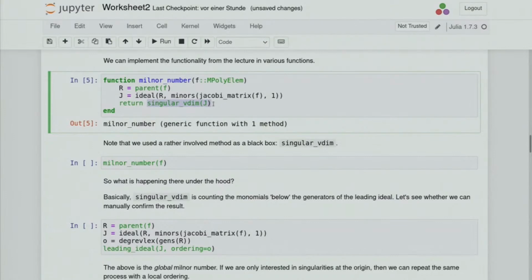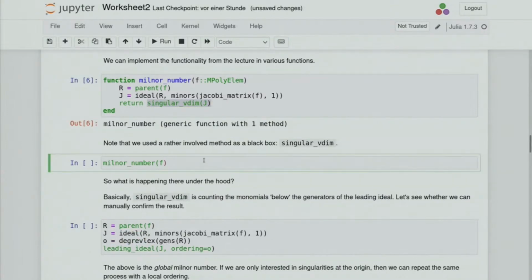I called it, for the time being, singular vdim. And those of you who use Singular or who have used Singular know the vdim command. And what does it do? It does exactly what was discussed before. It counts points in the monomial diagram, right? So I'm using this here to compute the Milnor number.